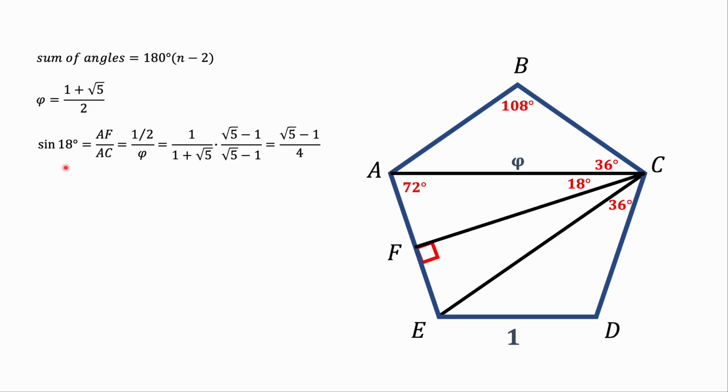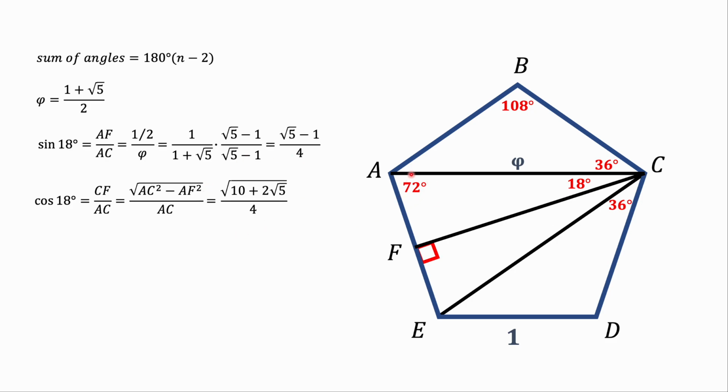Now, cosine of 18 degrees could be obtained either from the fact that sine of an angle squared plus cosine of the same angle squared is always 1, or we can say that cosine of 18 degrees is the ratio of the adjacent leg CF to the hypotenuse AC, and calculate CF from the Pythagorean theorem. Either way, you're going to get the same answer.